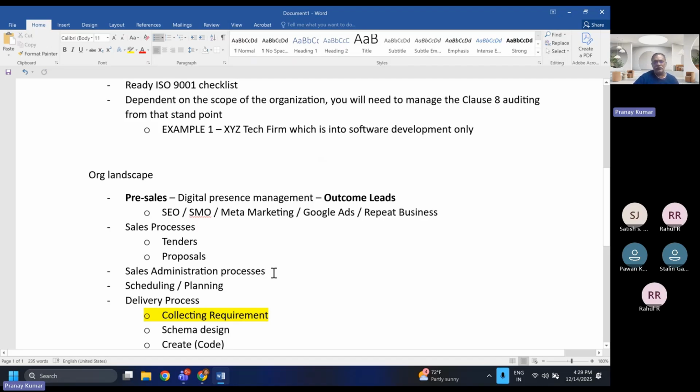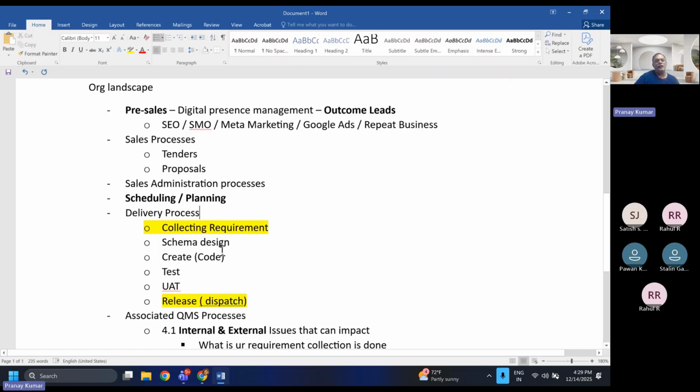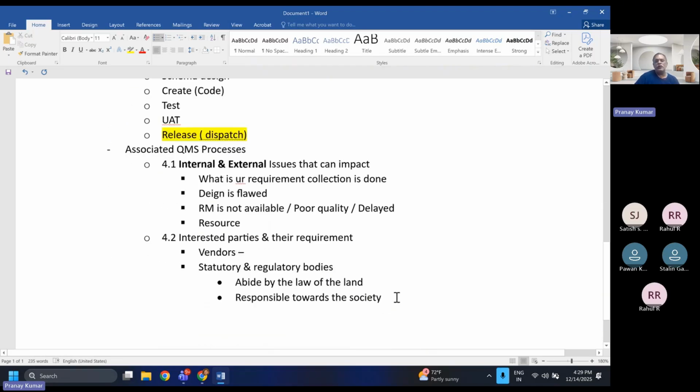Now you have a business. Now Stalin says, please come and deliver this to me. I will have to hand it over to the correct team to be able to deliver those things. That is where a central planning team will be involved. Then your delivery gets involved. And obviously, when I want to deliver, I will need to purchase, I will do a lot of other things also. So all the ISO 9001 requirements, you have a 4.3, which is talking about the scope statement.